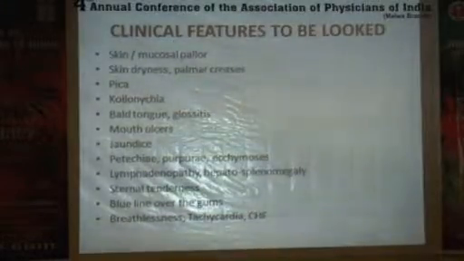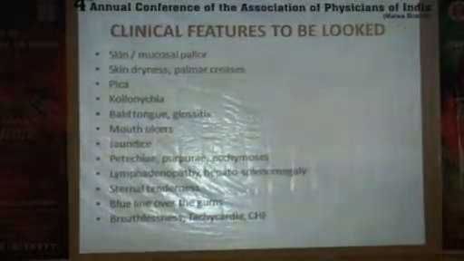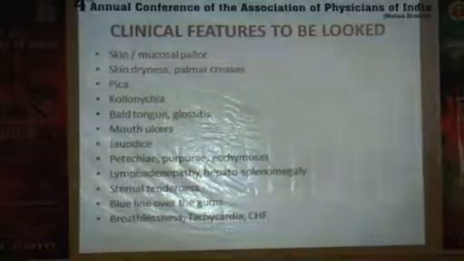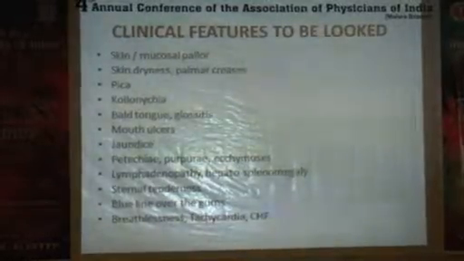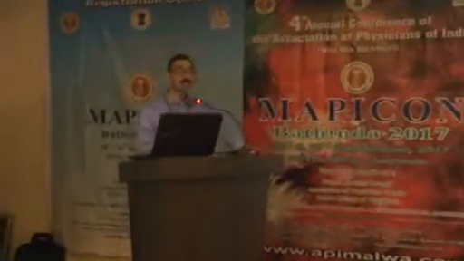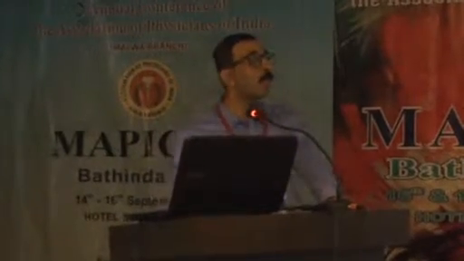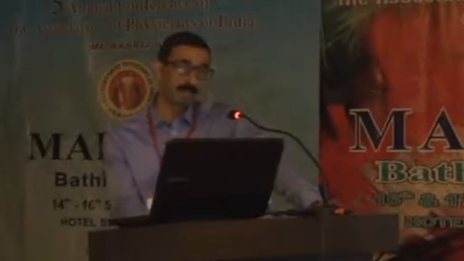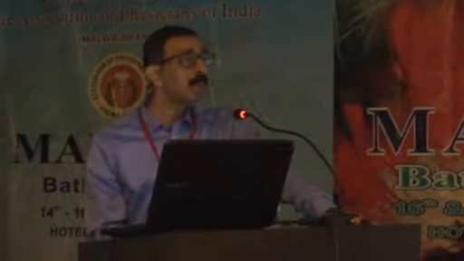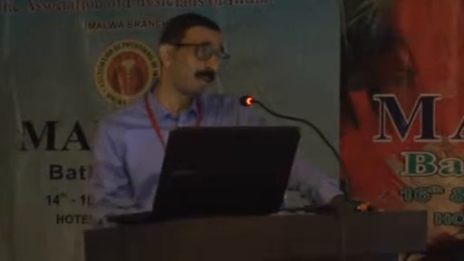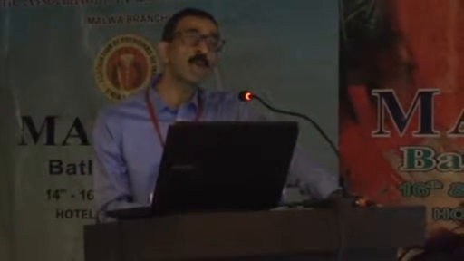And as a clinician, it's not that when we come across a patient of anemia, we straightway start writing iron, B complex and all that. That is where the problem starts. So the most important point is the history. We should always start from history, because this sign is very much related to so many things.